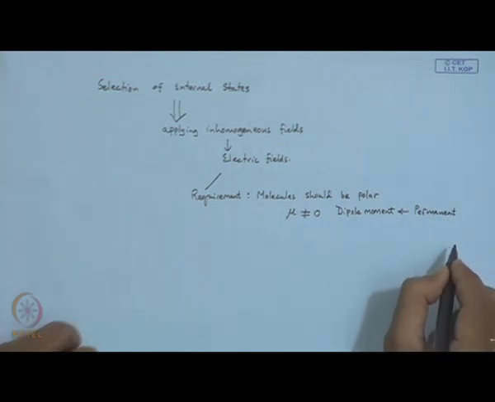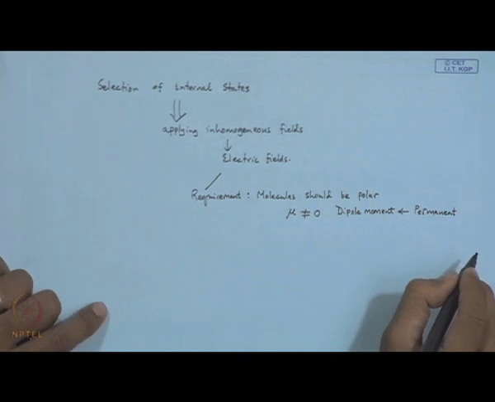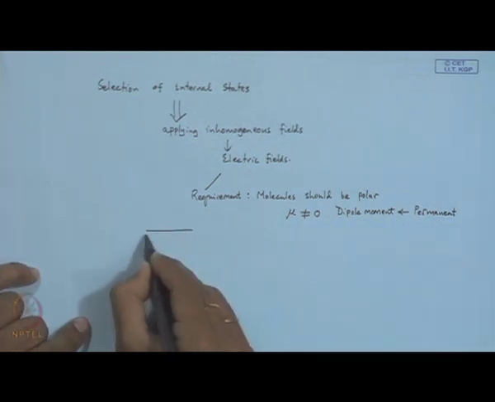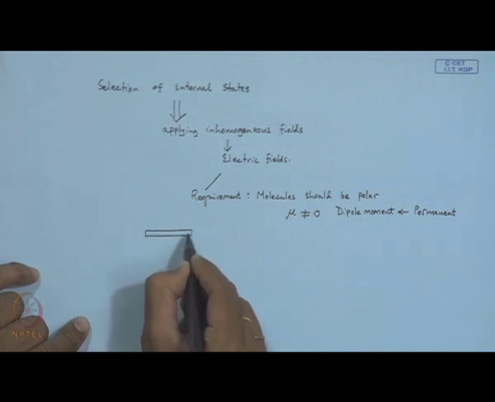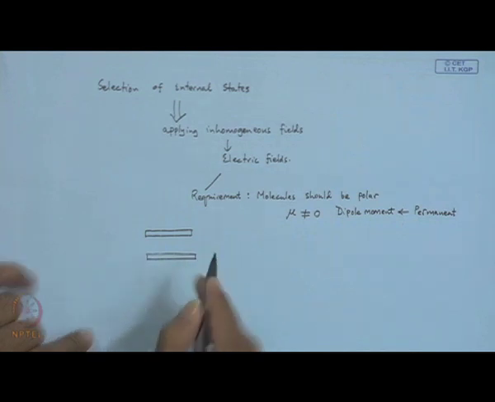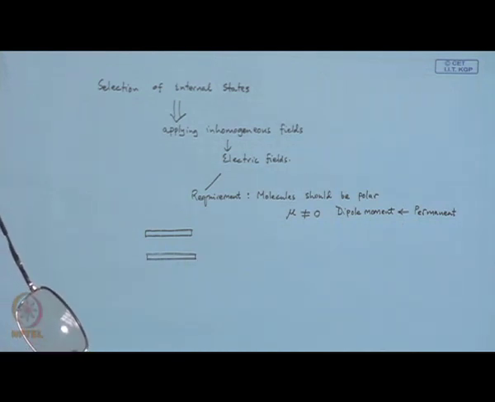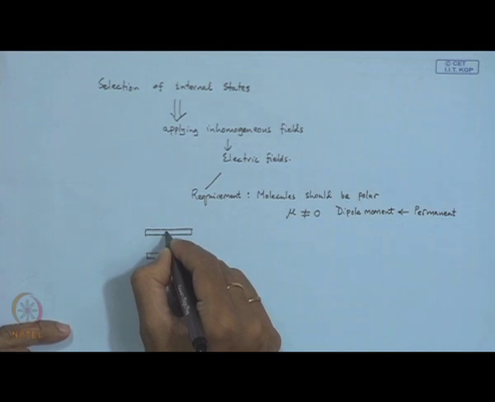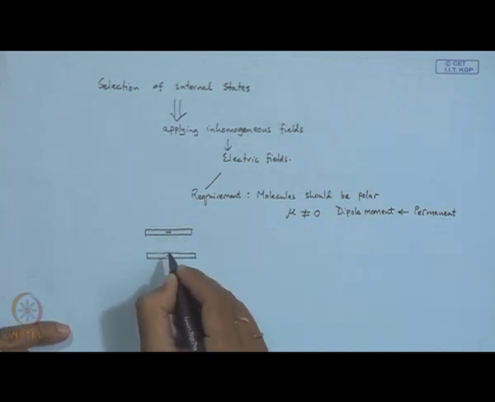Okay. And what you do is, you have got say plus or minus plates over here. These two plates are oppositely charged. Say this is your minus plate, say this is your plus plate.